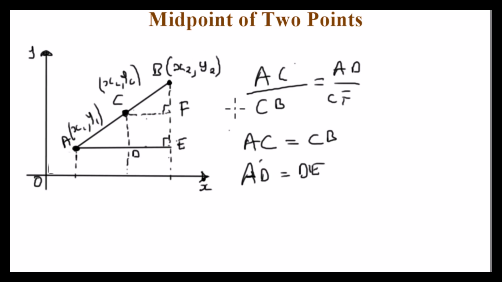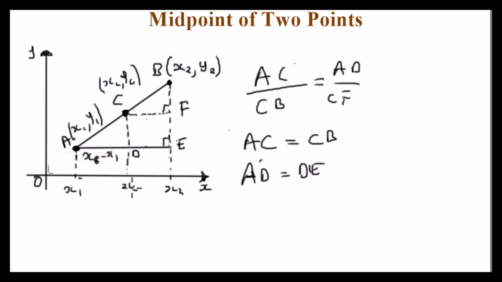Okay, now let's see what we can bring out from here. Now this is point A and this is point C. It must mean that in between them on the x-axis, this will simply be xc minus x1. Where did we get this from? Remember what we did in the last video. This pointer is xc, this pointer is x2, this pointer is x1. So from here to here is x1, and from here to here is xc.